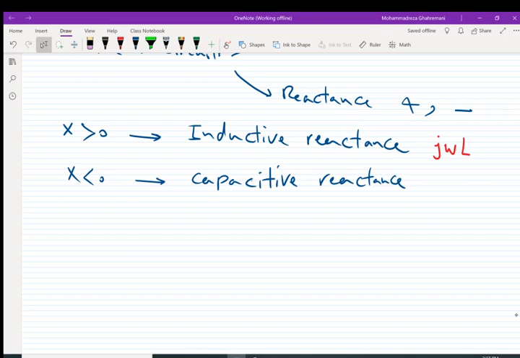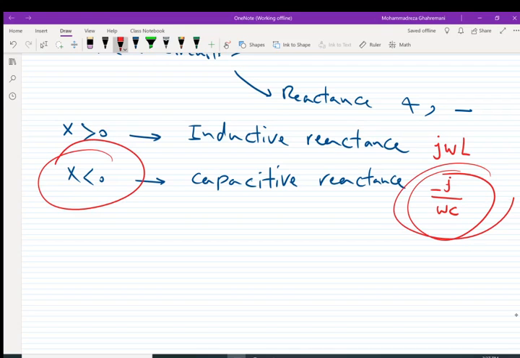For capacitive reactance, the impedance is negative j over omega C, which is always negative. If X is negative, the reactance is related to the capacitor.